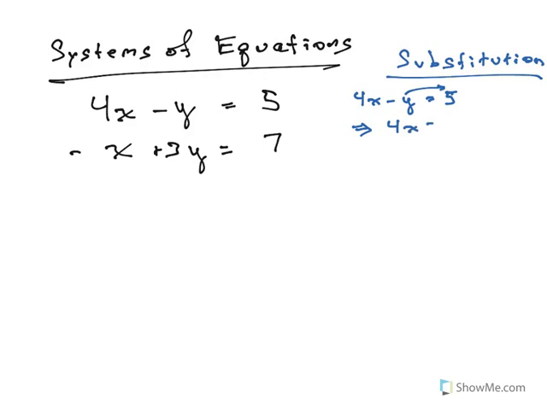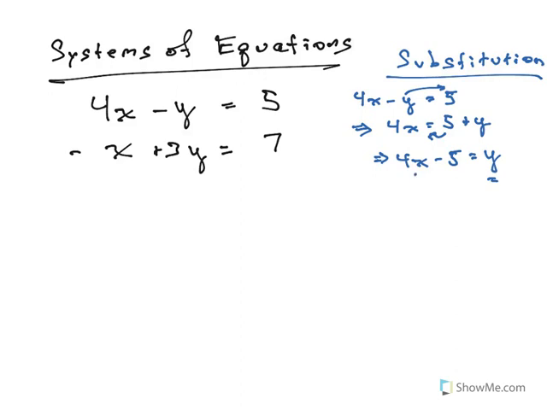So 4x equals 5 plus y. Okay, but again, I want to get y by itself, so I need to bring the 5 over to the other side. So now it becomes 4x minus 5 equals y.